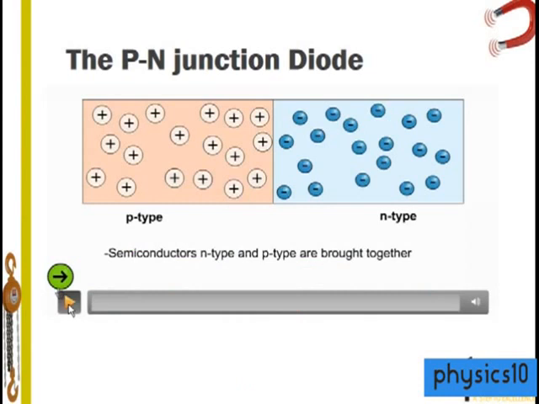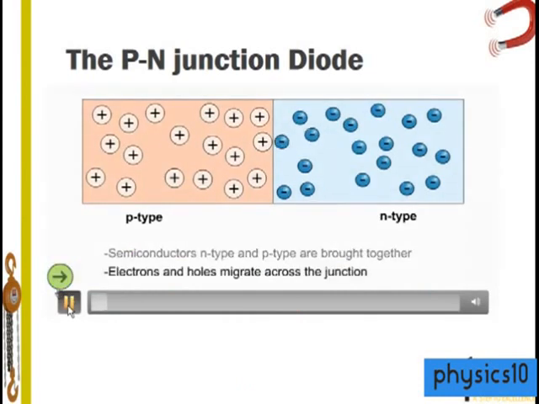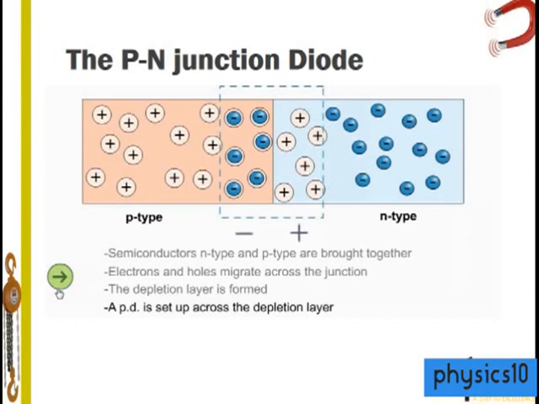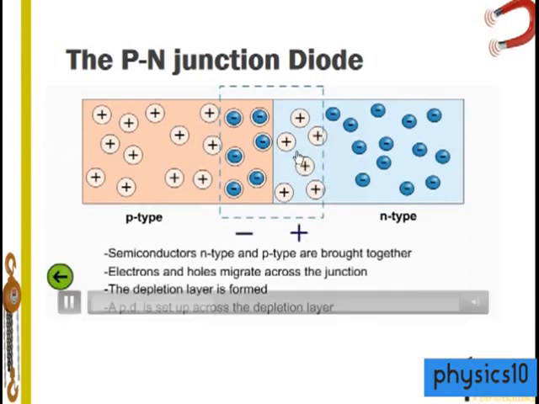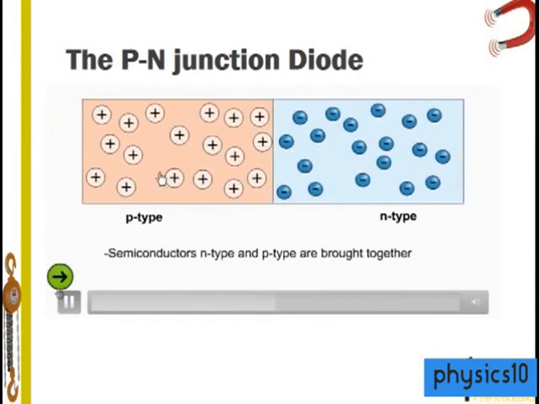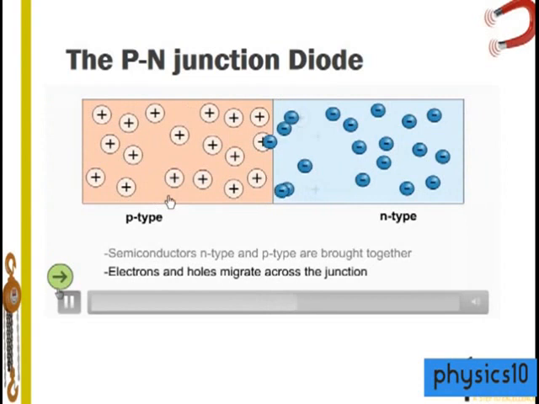Now, in this animation that we're going to have a look at, you can see what we've just talked about happening. You can see the migration of electrons from the N region to the P region, and also the migration of the holes from the P region to the N region.